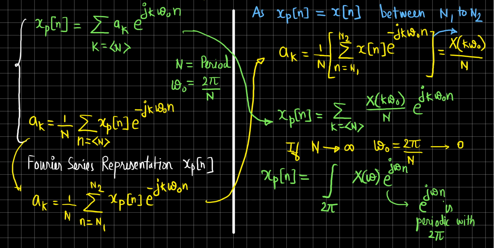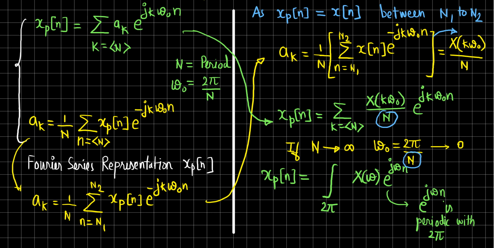Now we are left with this capital N here. This capital N is nothing but 2 pi by omega naught, and we know that this omega naught is now continuous.